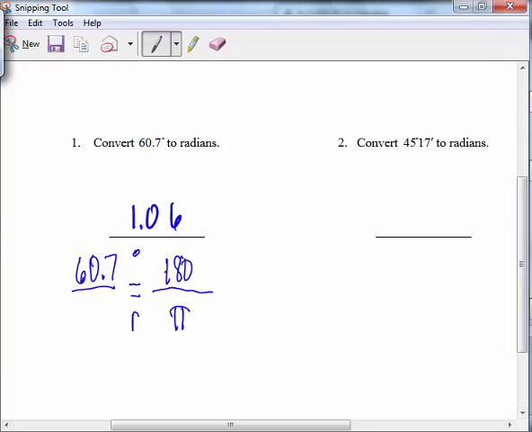For the next one, 45 degrees 17 minutes to radians, we follow the same procedure.